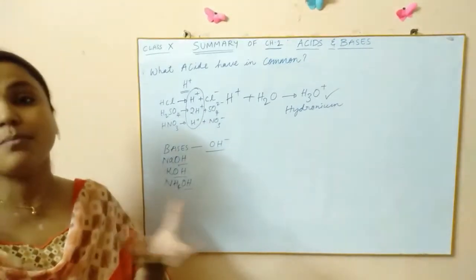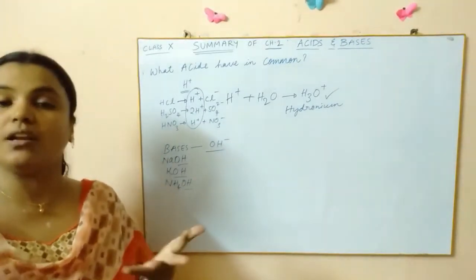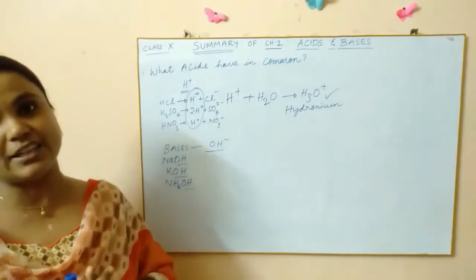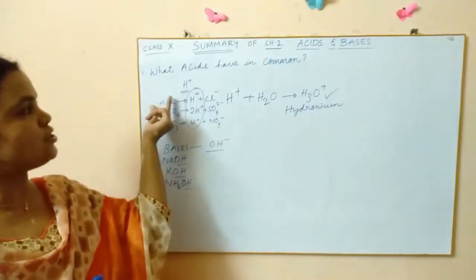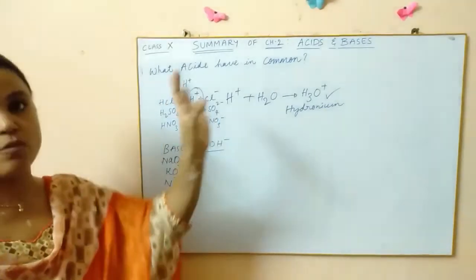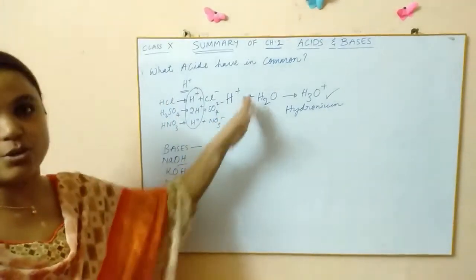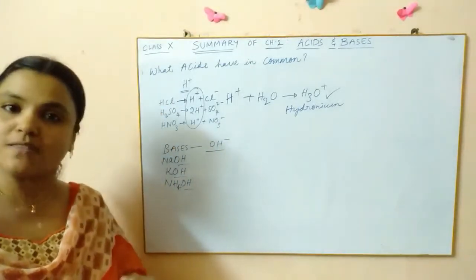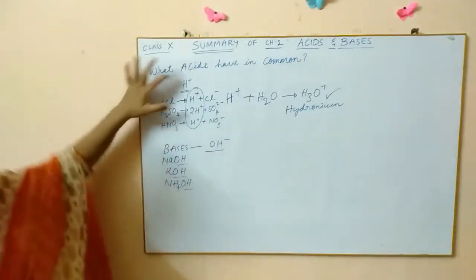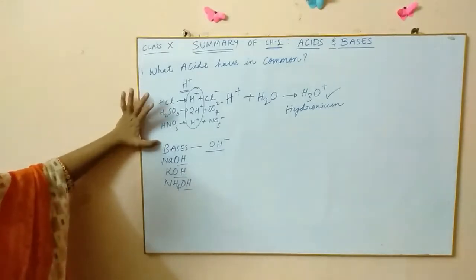Actually that is nothing but the neutralization reaction happening. Did you understand, children? OH from base reacts with H+ of acid and forms water. That is nothing but neutralizing each other, and the corresponding salt will also be formed. This is about acids and bases. What do they have in common?